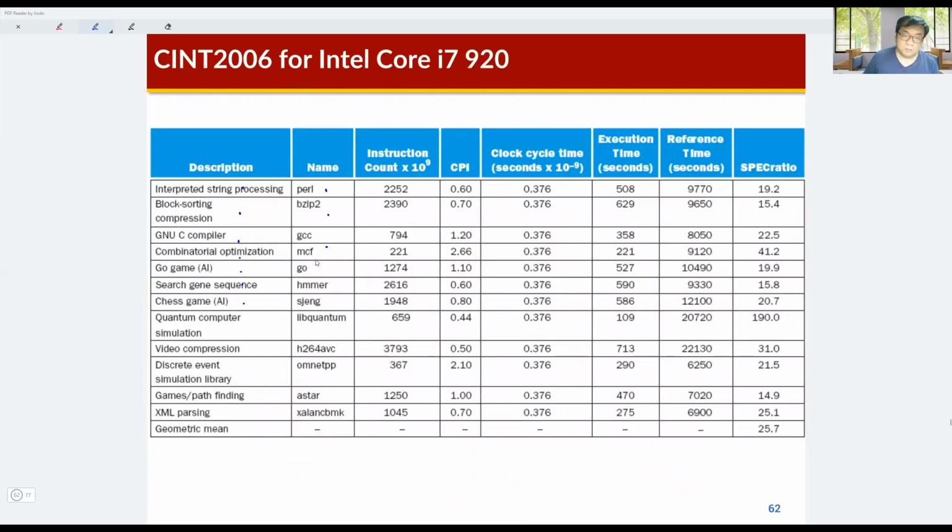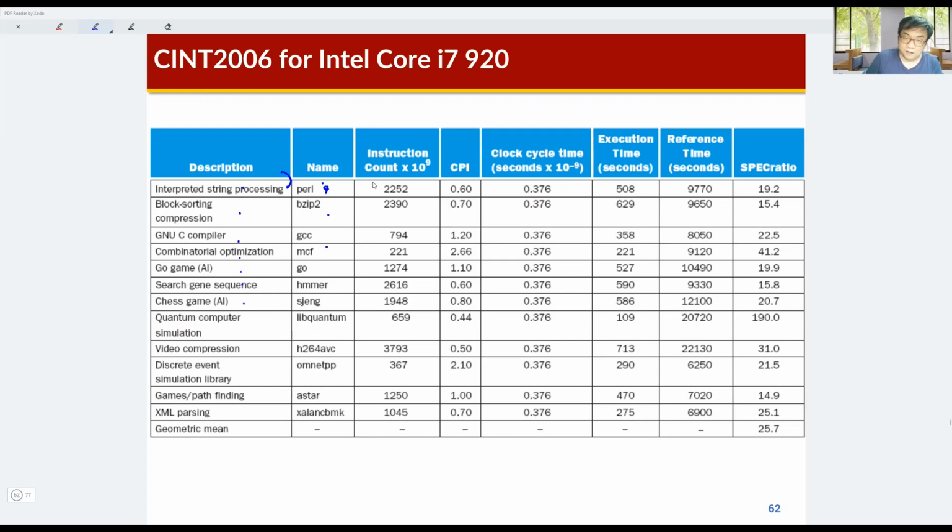I mentioned the SPEC Benchmark is a collection of typical applications. This table shows the SPEC Benchmark applications. You can find the names of the benchmark applications and their descriptions: perl is string processing, bzip is compression, and GCC is a compiler application. This is a collection of applications.